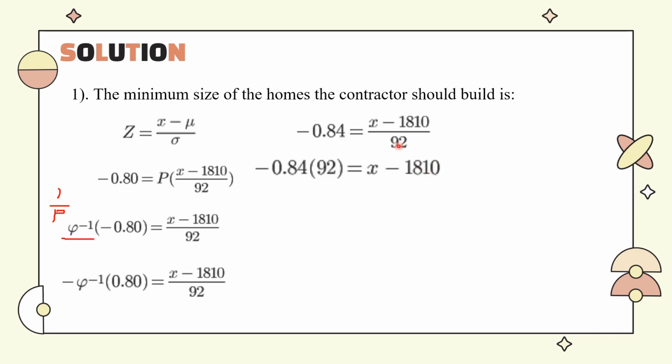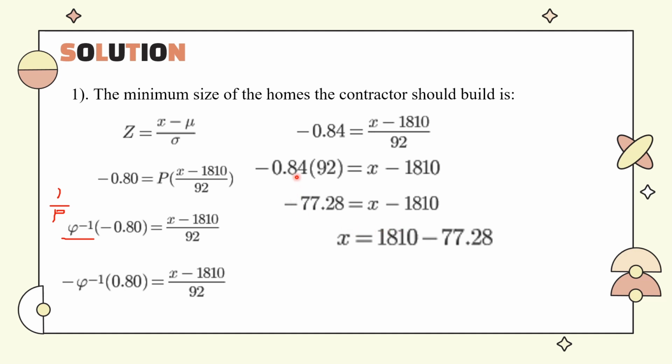So we just transpose the 92, and our new equation is negative 0.84 multiplied by 92 equal to X minus 1810. So simplify it, we have now negative 77.28 equal to X minus 1810.